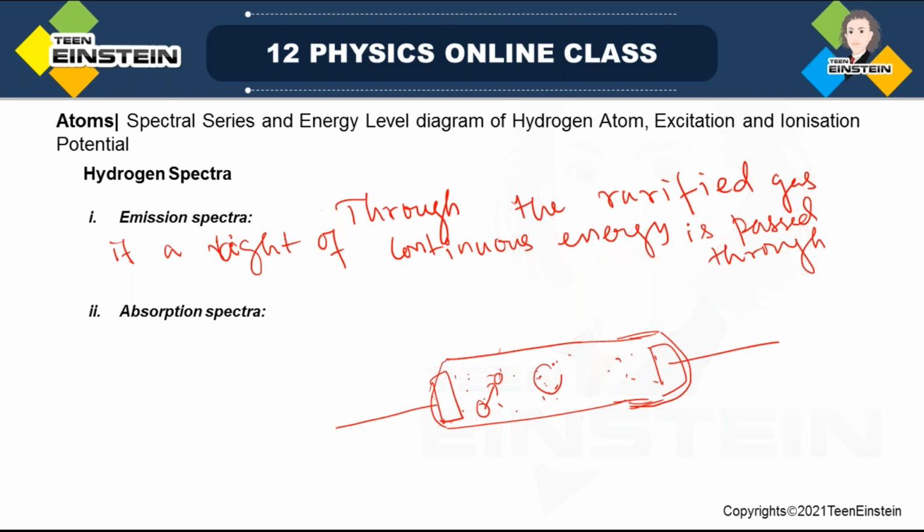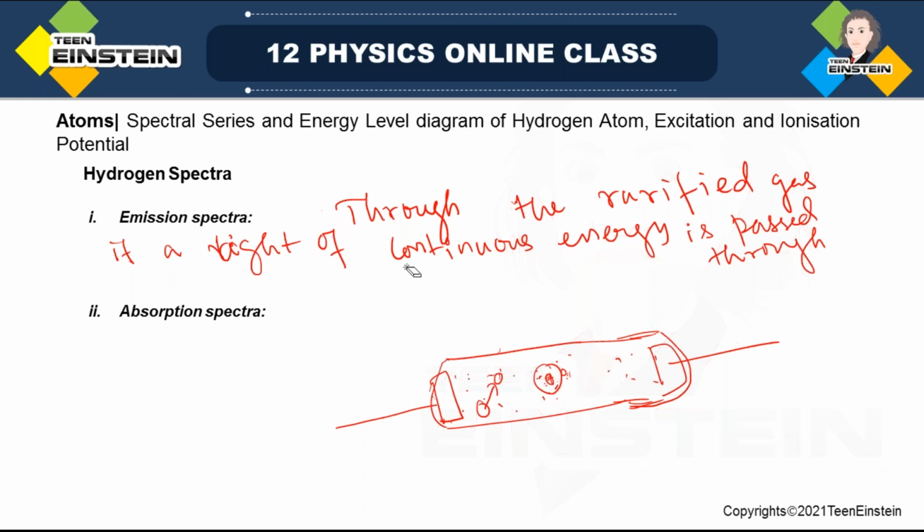Certain atoms have electrons in the outer orbit, one or more, and they will absorb that energy. By absorbing that energy, the electrons will be excited to a higher energy level.